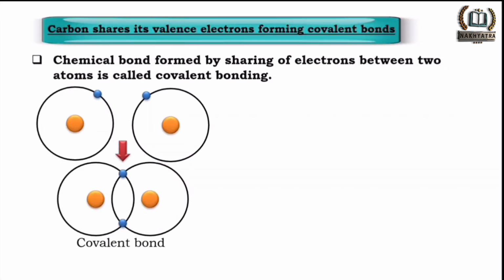To help you understand better, see here, these are the two atoms, and these are the electrons. If we share the two electrons, we get covalent bonding. This bonding is called covalent bonding. Now clear?